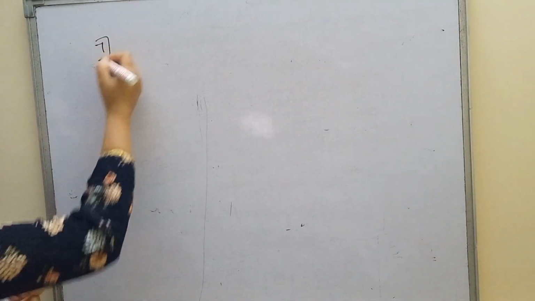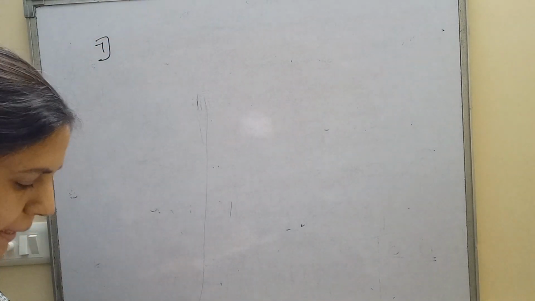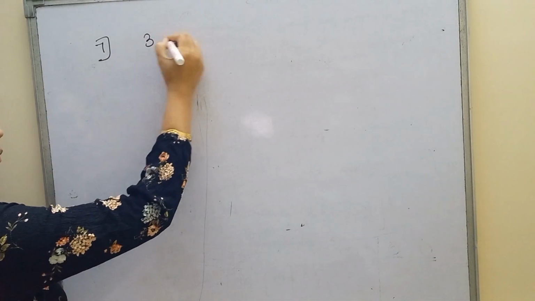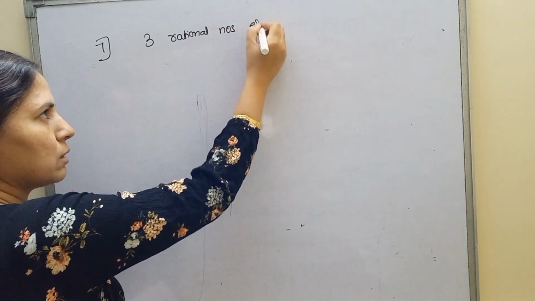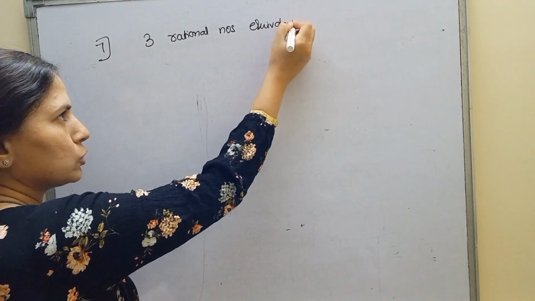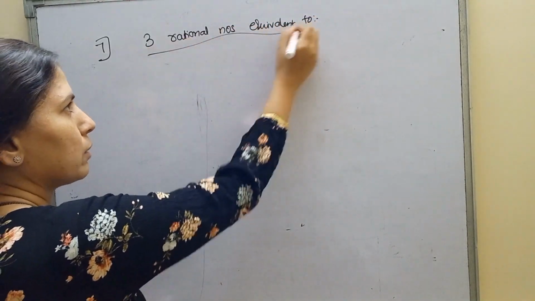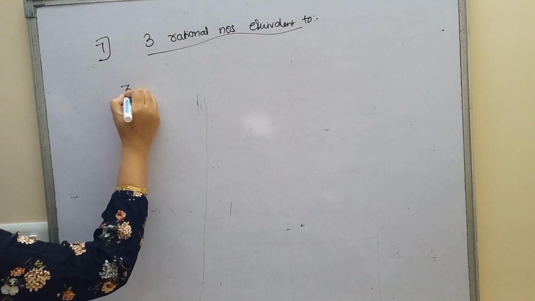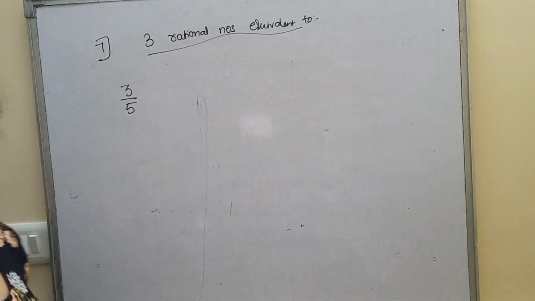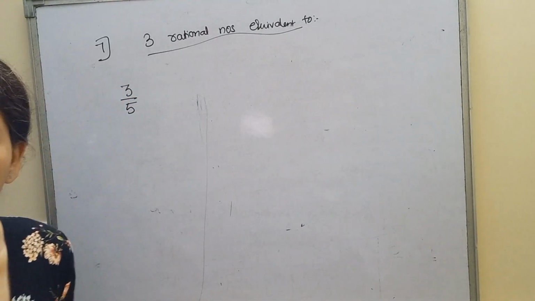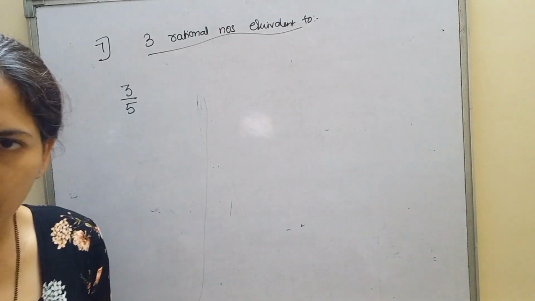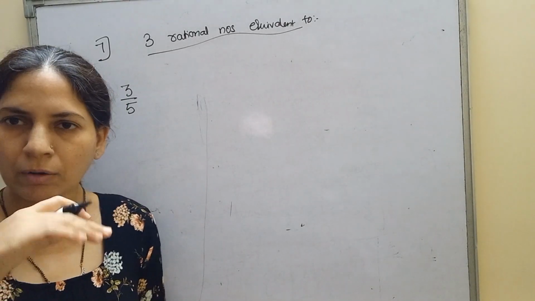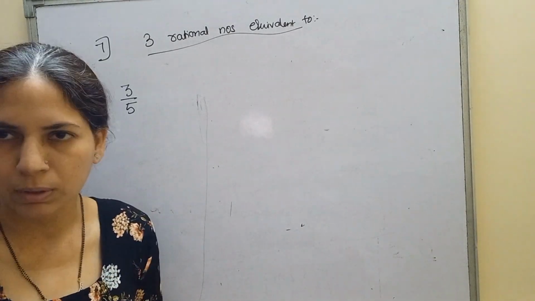Question number 7 says, write 3 rational numbers equivalent to 3 upon 5. Now my dear students, equivalent to 3 upon 5 means, although the number would be big, after reducing it you will get 3 upon 5 only.